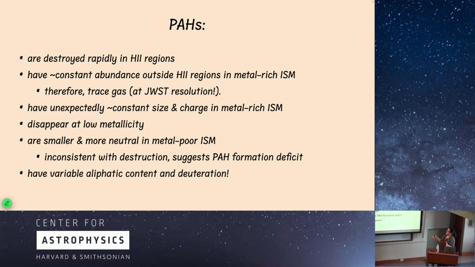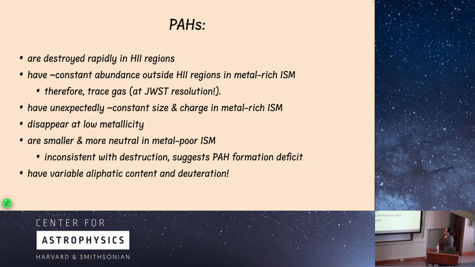Outside of H2 regions, in metal-rich galaxies like the Milky Way, the abundance is fairly constant, and this lets us use PAH emission as a gas tracer, which opens up a whole range of possibilities and gets us past some limitations of directly mapping gas with ALMA and various H1 telescopes.